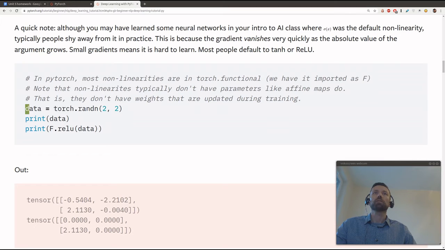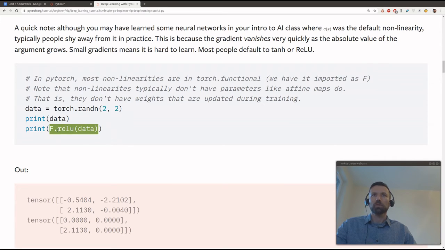So here we have some data defined. This could be the output of the previous operation. So we have some data vector, or some matrix in this case, and we want to apply a non-linearity to this data, and we just do it in this way.